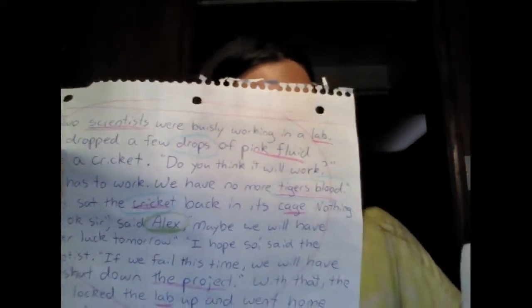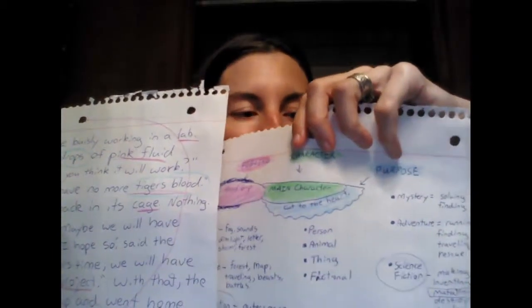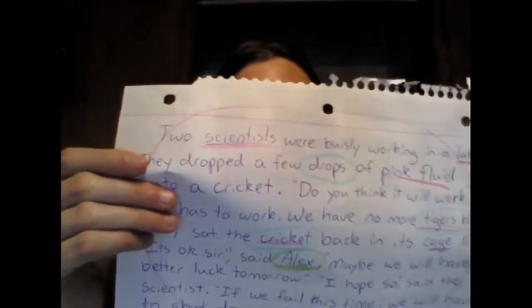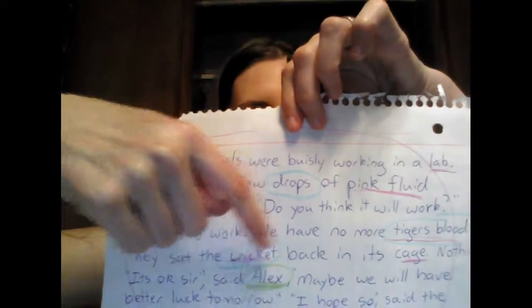I've mentioned my character, and we have the purpose going on over here, that they're doing experimentations, because I've mentioned the drops of pink fluid, the crickets, and the tiger's blood. So they're doing some stuff. You need to make sure your introduction has those parts. Remember, you have that knife in your booklet. It's in there, and you can rewind it and look at it.